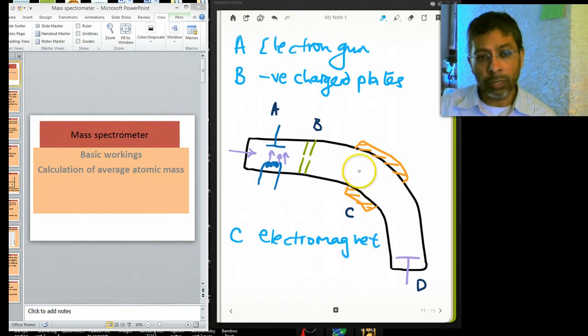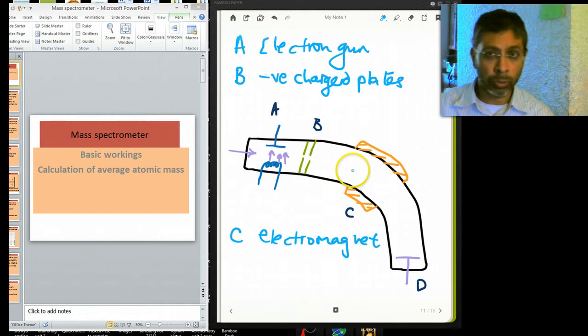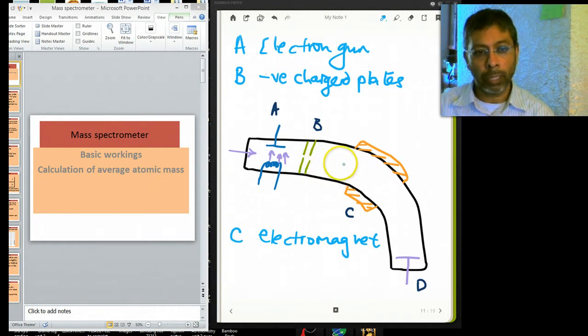Because the ions that you've produced are positive, they will get deflected by the electromagnet. So their direction will change and they'll get bent around the mass spectrometer and then collected at part D. And part D is the detector.